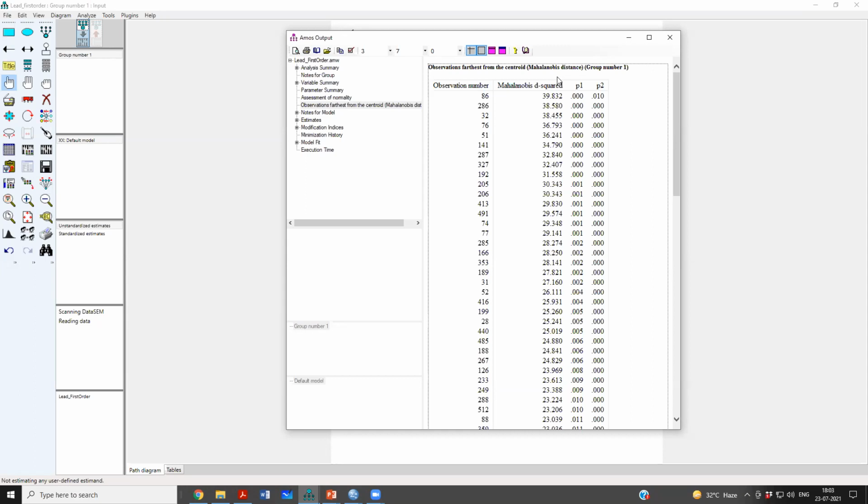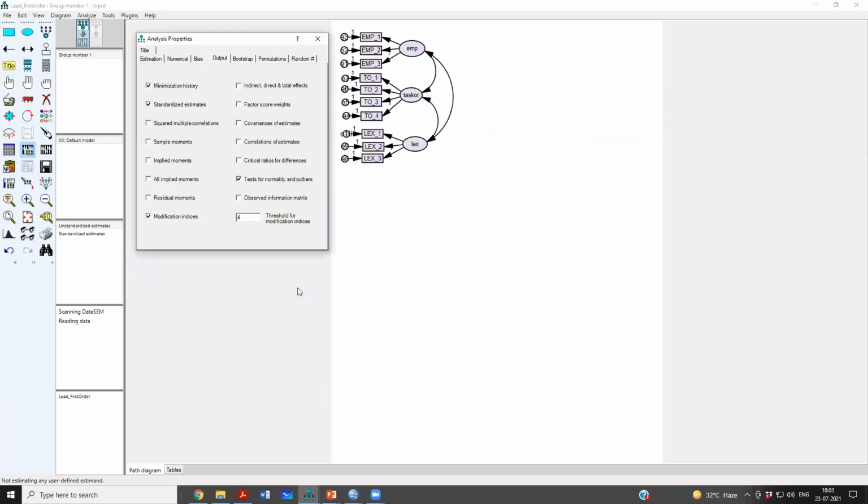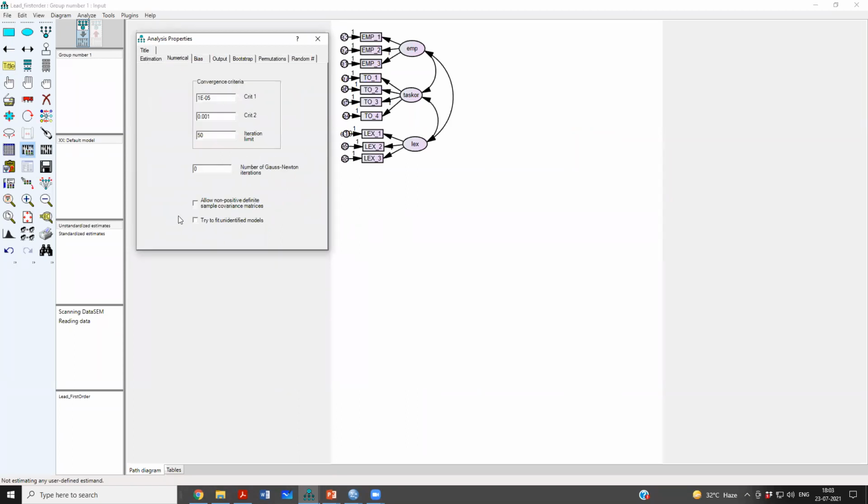Yes, Shubhanshu. This is in relation to my previous query. Can we go back to Analysis Properties? Yes, sir. Next to Estimation, when we click the Numerical tab, there comes the option to try to fit an unidentified model. This was what I was asking about. Okay. So usually we don't do it.